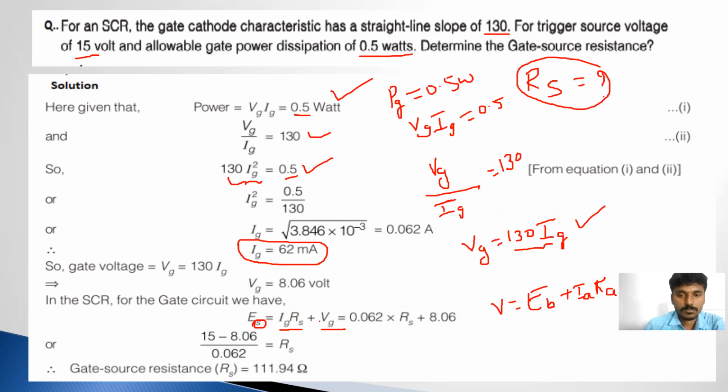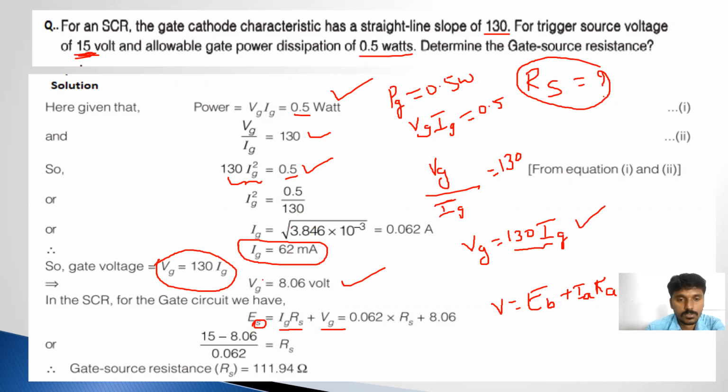So from this equation, ES is equal to 0.062 amperes into Rs plus VG. What is the value of VG? Here we can find VG: VG is equal to 130 into IG, 130 into 0.062. Substituting in this equation, also ES is given as 15 volts.